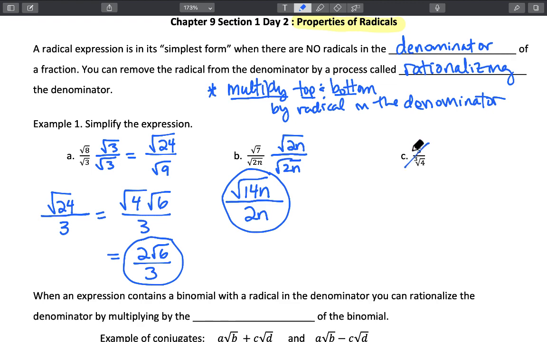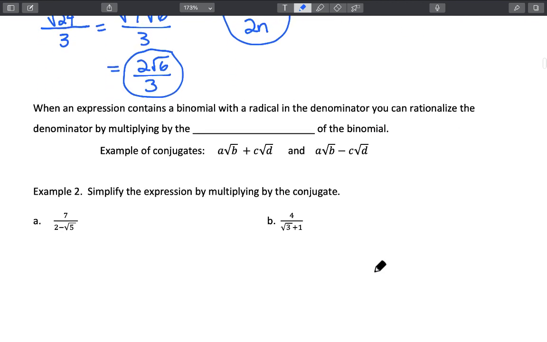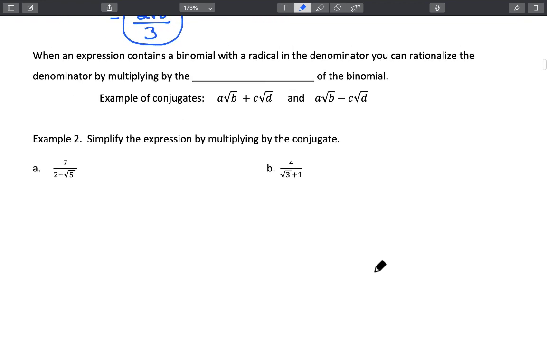All right, we're going to skip over example C, and let's move on with our notes. When an expression contains a binomial, remember that's two terms, with a radical in the denominator, you can rationalize that denominator by multiplying by the conjugate.